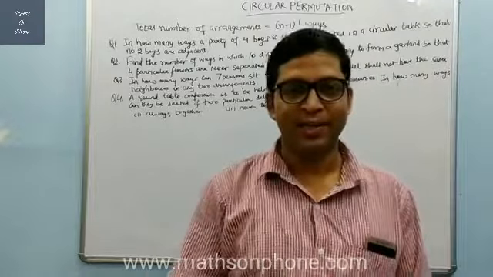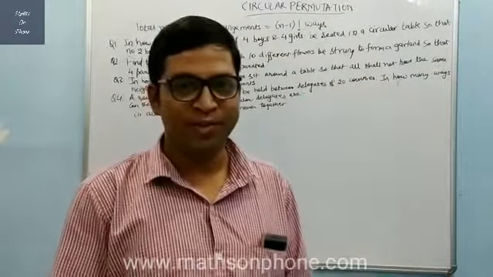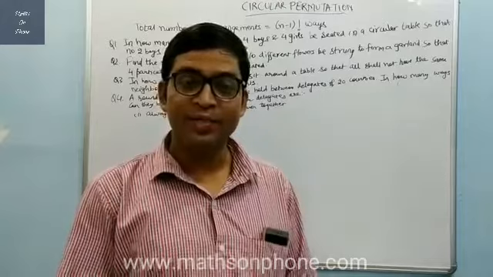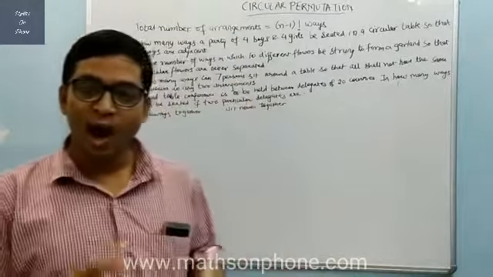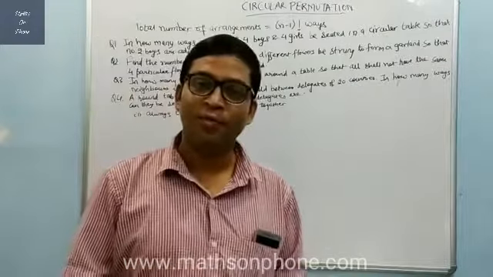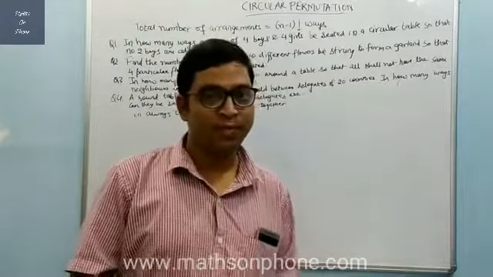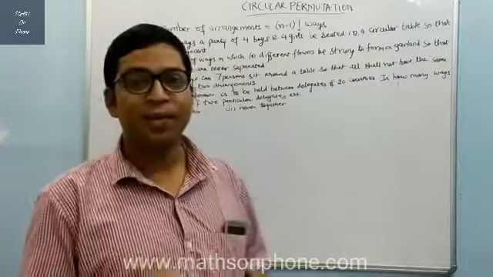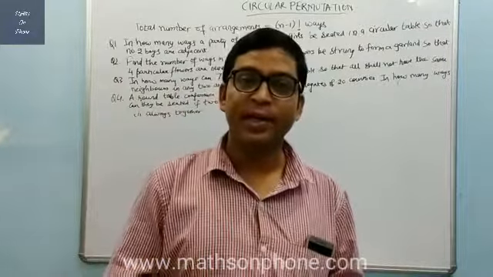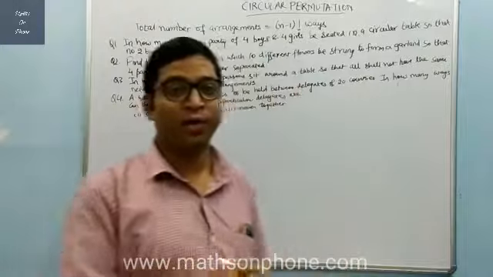We will see circular permutation, that if certain things are arranged in a circle, how many ways of doing that is possible. See, n things can be arranged in a circular fashion in n minus 1 factorial ways.